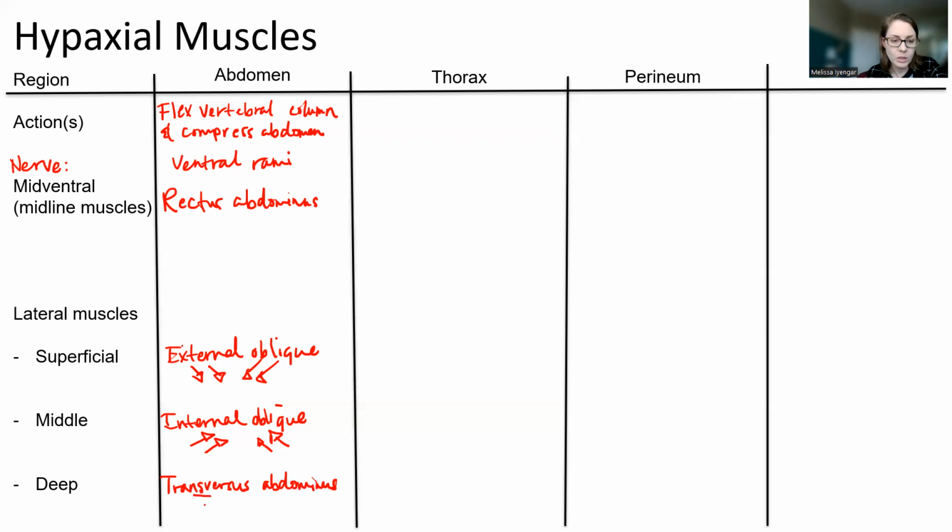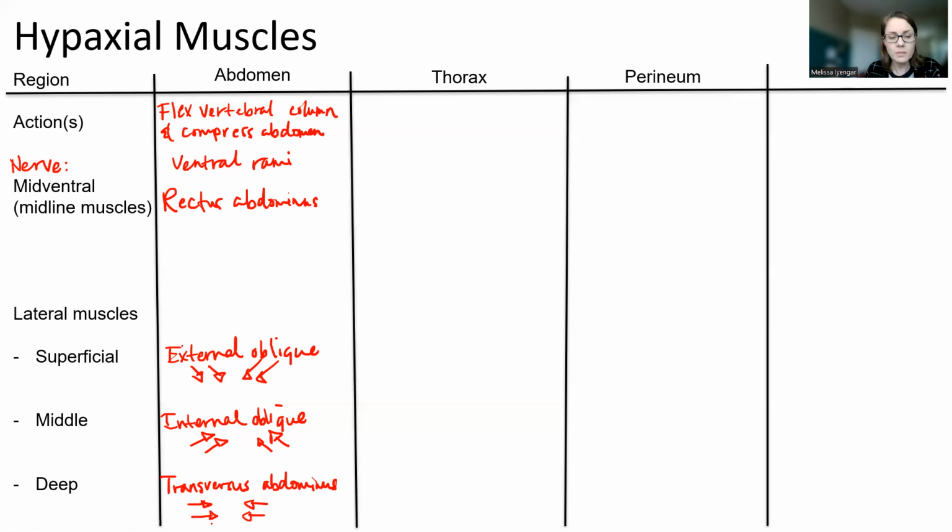Transversus abdominis, you should see, has fascicles that run across the body, looking like they go towards the midline. So running across, transverse, just like that. And I can't do the other one because of my weird thing on my power.